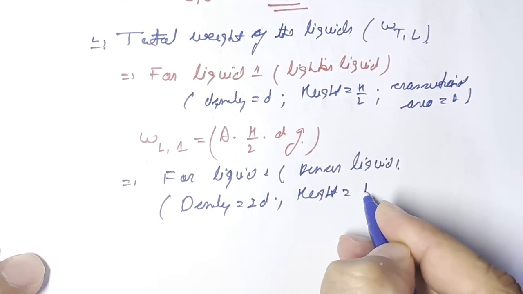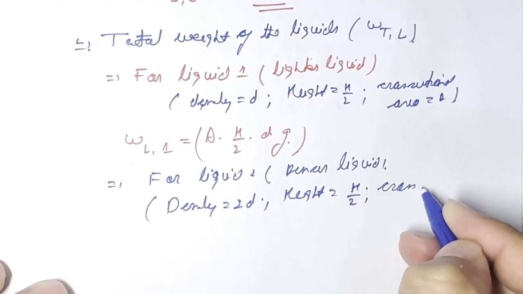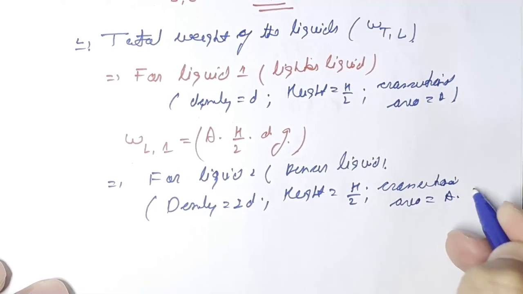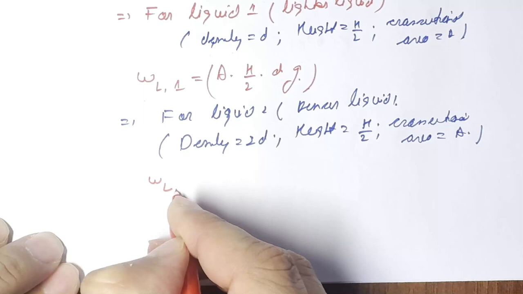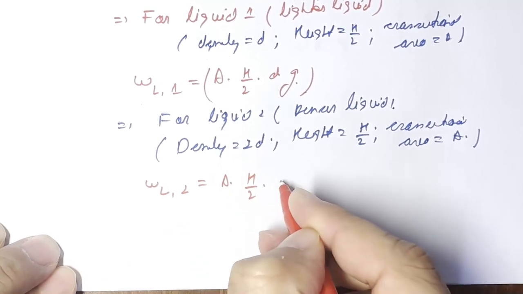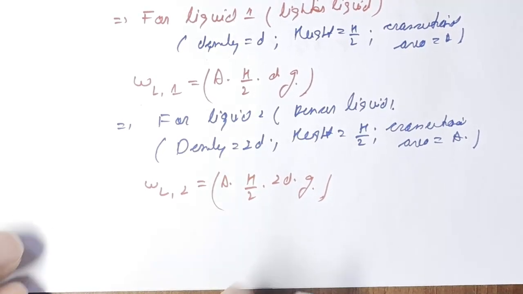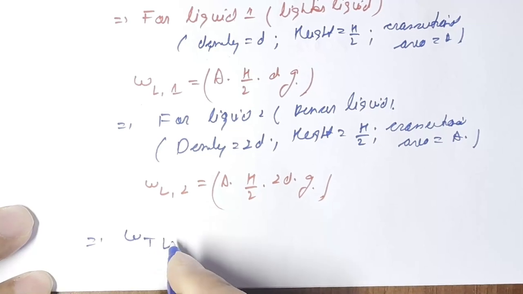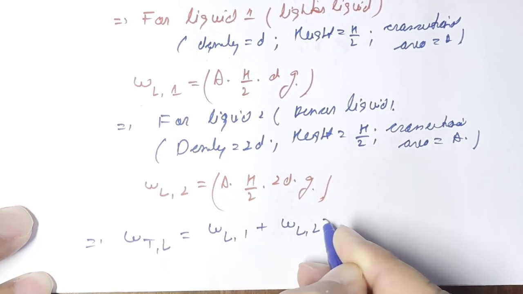Height of both the liquids is the same, that is h by 2, and cross-sectional area is also the same, A. So the weight of liquid 2 will be equal to A H by 2 2d multiplied by G. Therefore, total weight of the liquid will be weight of liquid 1 plus weight of liquid 2.